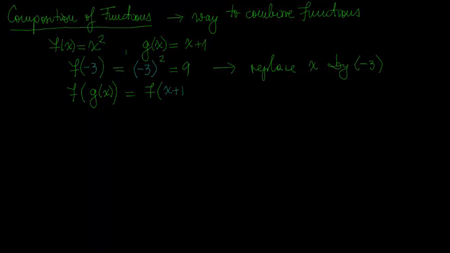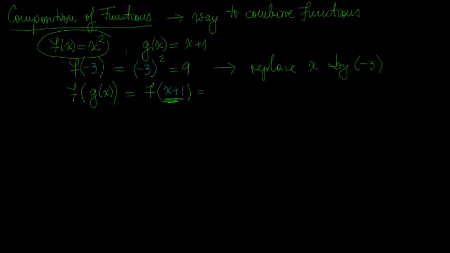And now I'm going to perform the exact same operation as I did in the case of evaluating at the constant. Namely, I'm going to look in the rule of f, and I'm going to replace the x now by this quantity, namely the parentheses of x plus 1.